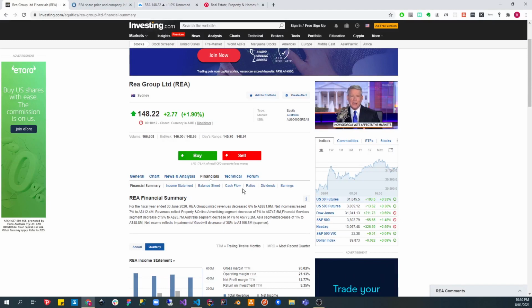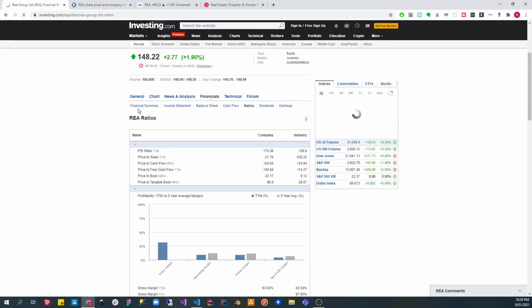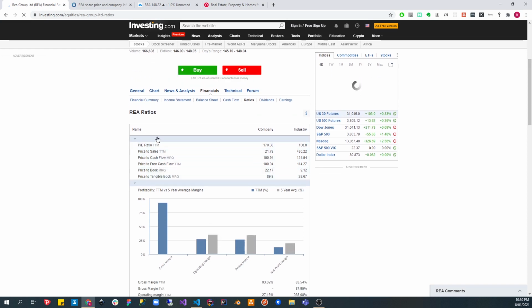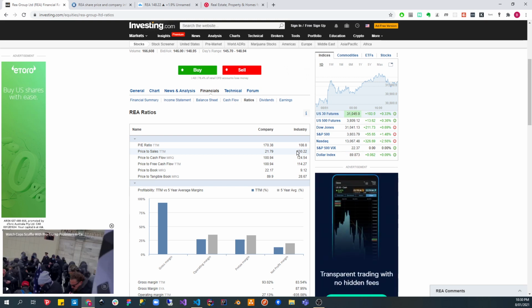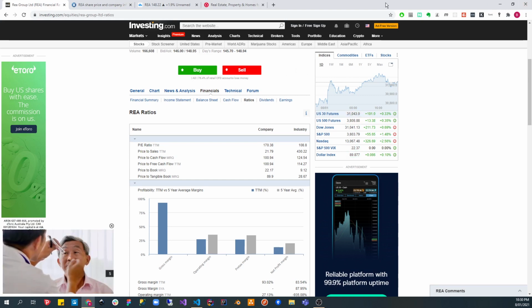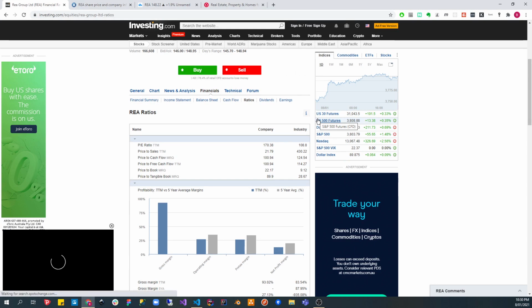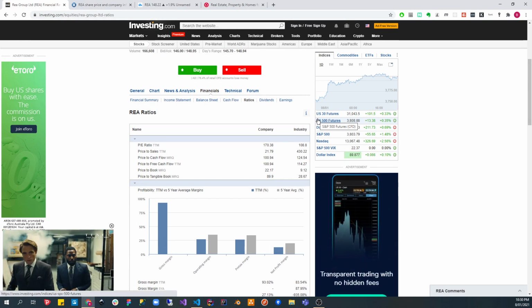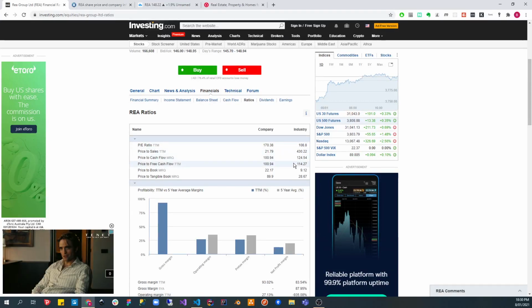So let's go to investing.com, and again, let's go straight to the ratios. All right, so P/E ratio 170, industry is 108. With the P/E ratio, the sweet spot, and I'm doing air quotes here, is 15 to 20, but really you have to account for other factors, such as whether they are a growing company.